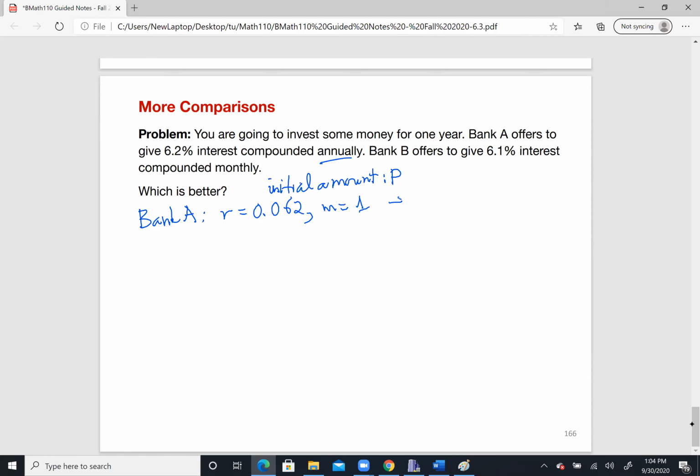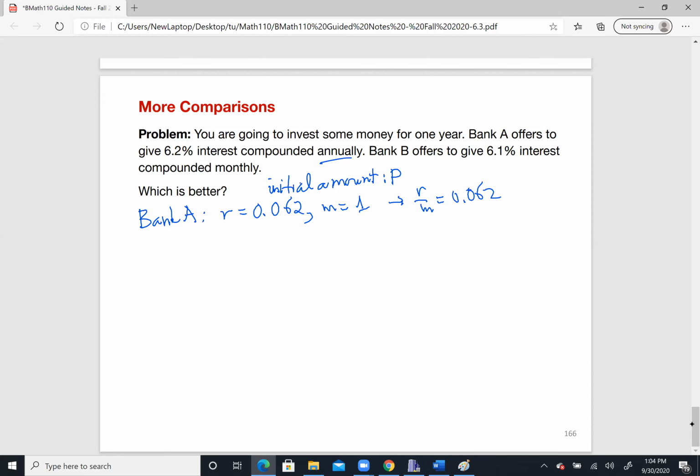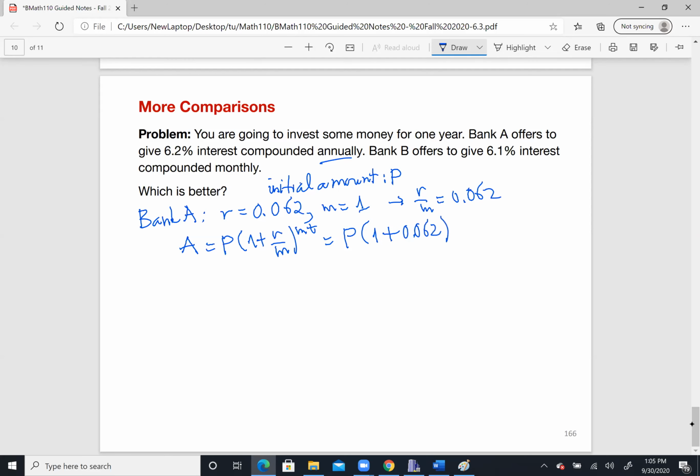Then you have R over M will be 0.062, and MT is equal to 1. Okay, I'm gonna just substitute, so I have amount after 1 year, A equal to P times 1 plus R over M to the power MT, which equals P times 1 plus 0.062 to the power 1.